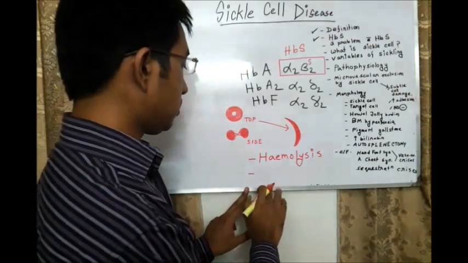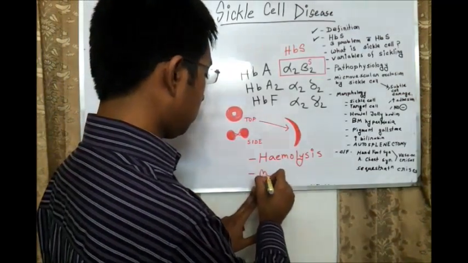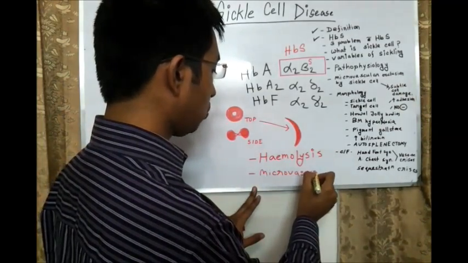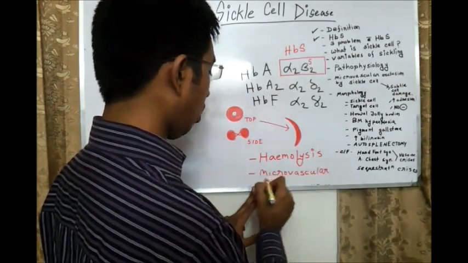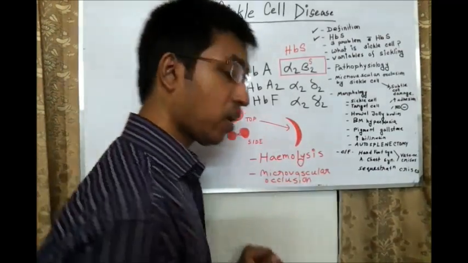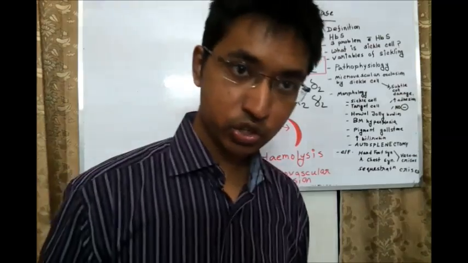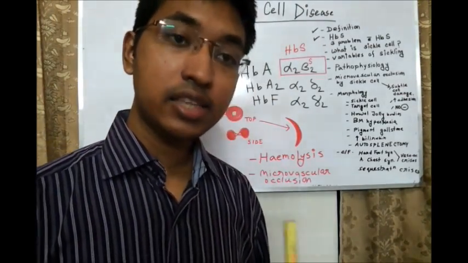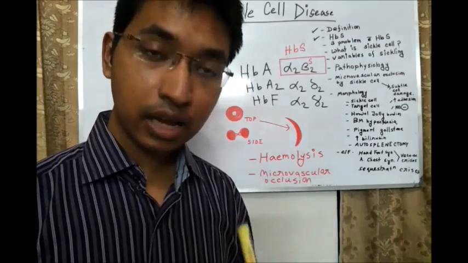The second problem is it will cause microvascular occlusion. Okay, there are a lot of microvasculature in our body, for example, in the bones, in the spleen, in the brain, kidney, liver, lungs.